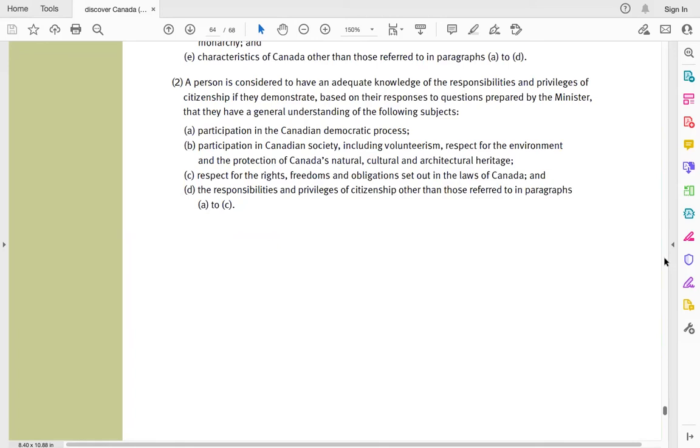B, participation in Canadian society, including volunteerism, respect for the environment, and the protection of Canada's natural, cultural, and architectural heritage. C, respect for the rights, freedoms, and obligations set out in the laws of Canada. And D, the responsibilities and privileges of citizenship other than those referred to in paragraphs A to C.